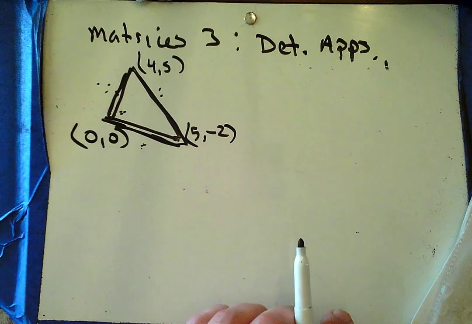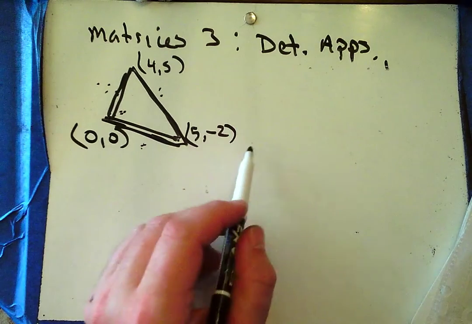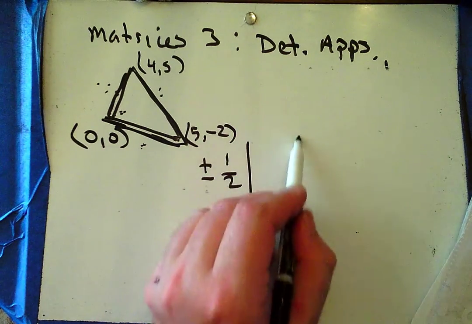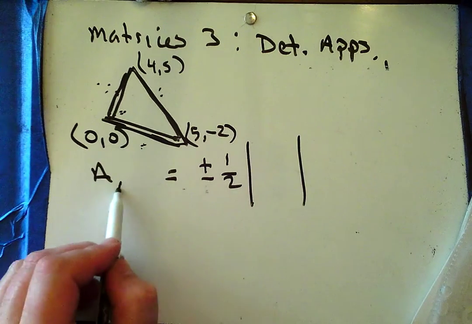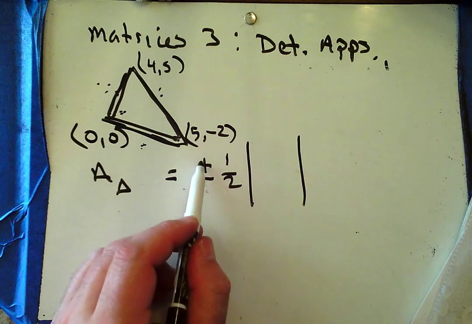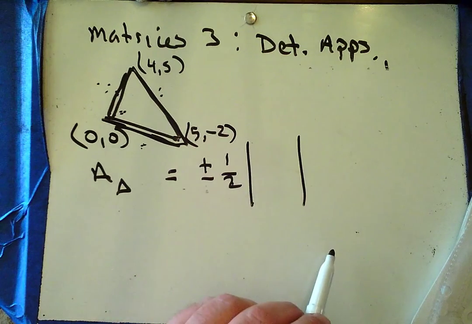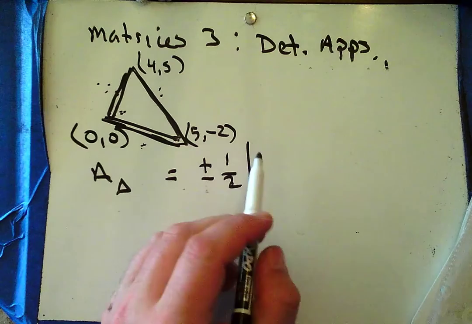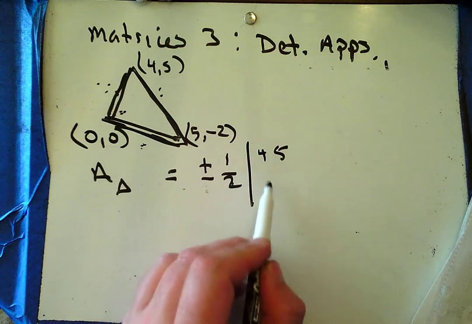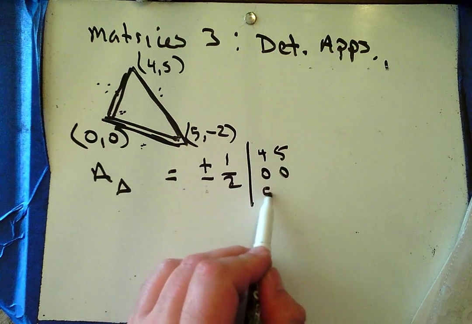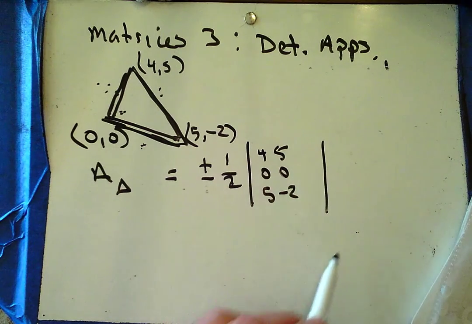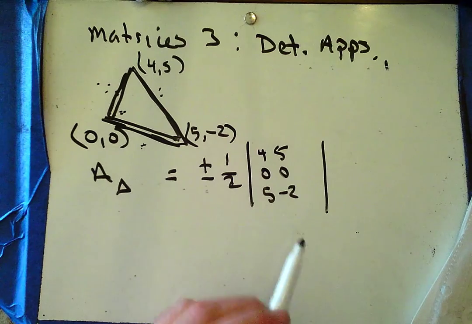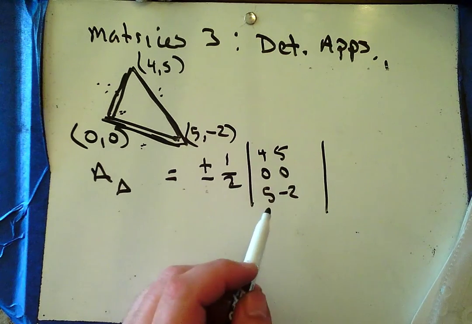And here's what I know. I know that the formula for the area of a triangle is plus or minus 1/2 times the determinant of what? Well, it's the determinant of these ordered pairs, 4, 5, 0, 0, 5, negative 2. But wait a second. Remember, you can't find a determinant unless you have a square matrix.